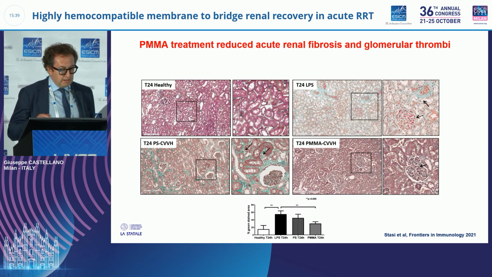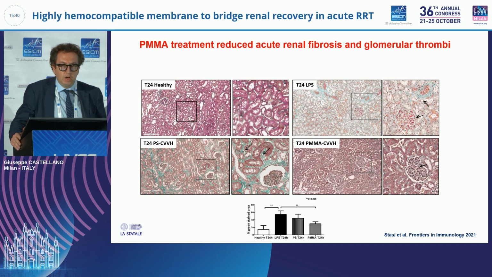And what you see here also is renal fibrosis that is significantly less in PMMA-based CVVH. In polysulfone-based CVVH, you can see here this color that are collagen fibers. On the right part, with PMMA, you almost do not see collagen.